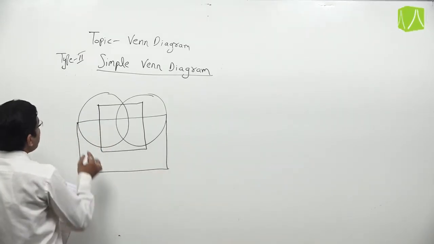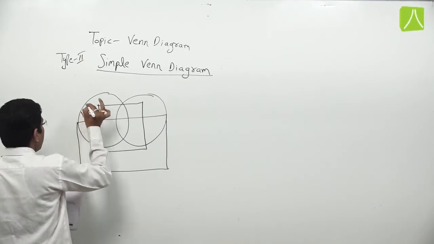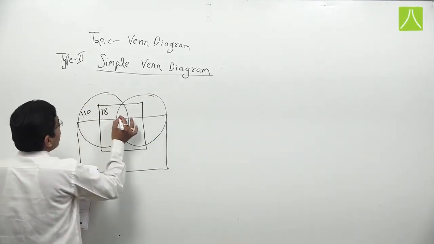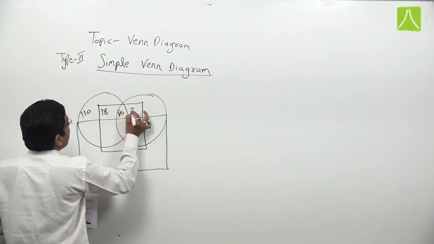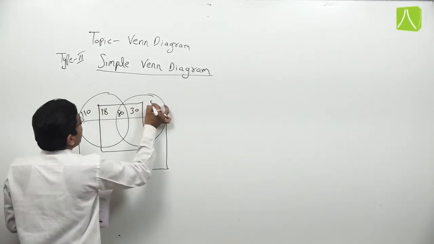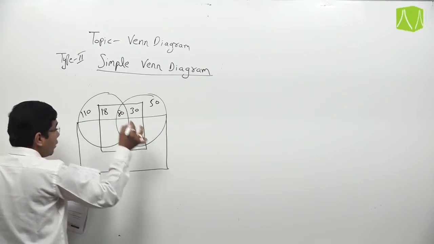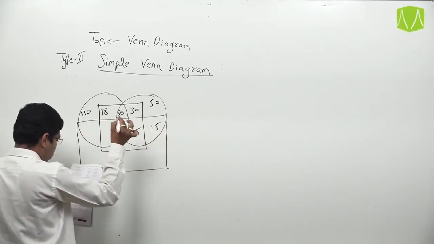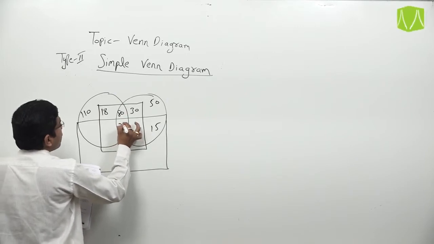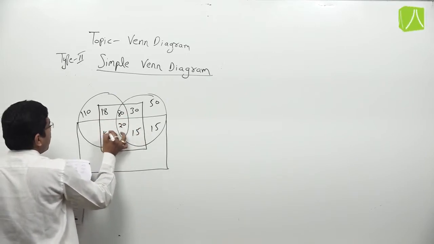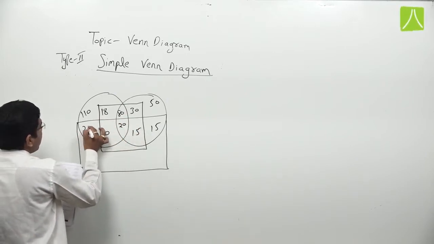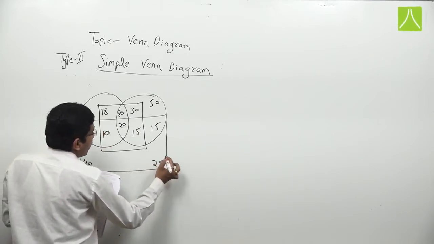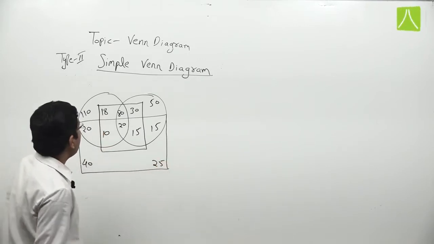Now there are some numbers given here, 110, then 18, here is 80, 80, it is 30, it is 50, 15, it is also 15, here is 20, then 10, here is 20, it is 40, it is 25.